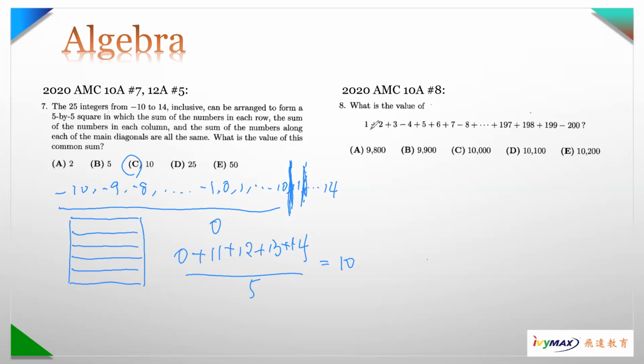You would just add from 1 to 200, right? But some of them are not addition, they are subtraction. Like here is negative 4, negative 8, negative 12, all the way to negative 200. I'm assuming that you can get this question correct, but I'm just doing this quickly.